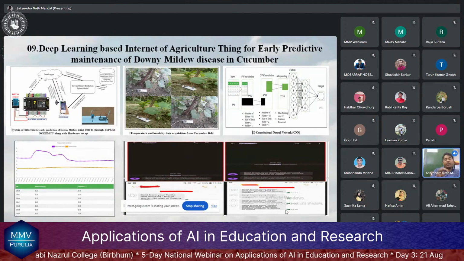So if the environment is favorable for the disease, we inform the farmer that the environment is favorable, downy mildew may come, please go and check. And after some time we can say the downy mildew will come.